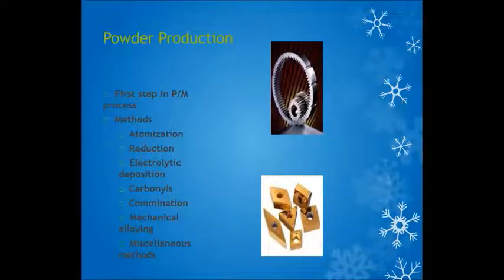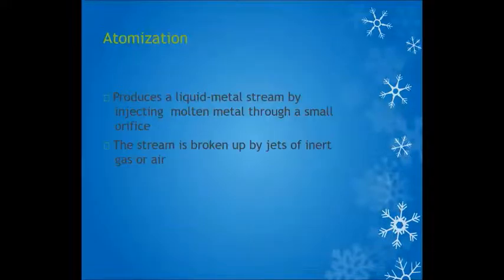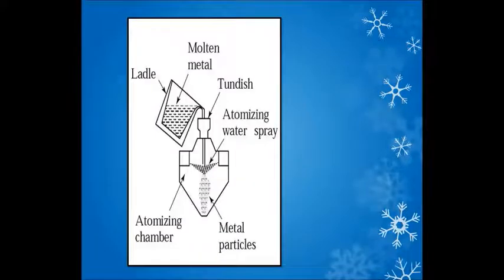Powder production: the first step of the powder metallurgy process uses atomization, reduction, electrolytic deposition, carbonyl, and mechanical comminution. Atomization produces a liquid metal stream by injecting the molten metal through a small orifice. The stream is broken up by jets of atomizing water spray.